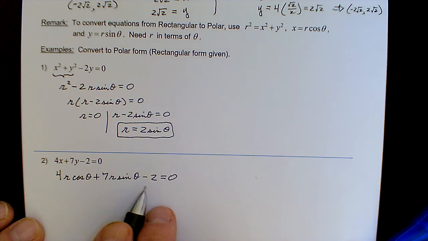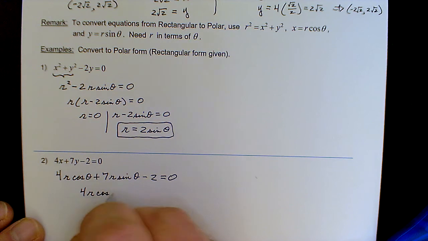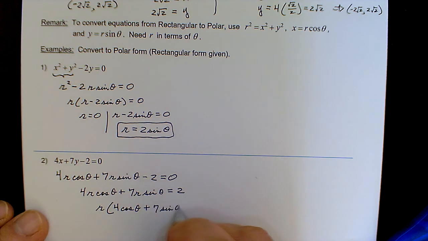Okay, now we need to solve for r, so we'll transpose the 2. So 4r cosine theta plus 7r sine theta is 2. Factor out the r. I suppose we could have done that in the same step. r times 4 cosine theta plus 7 sine of theta equals 2, and then divide by what's in parentheses on the left.